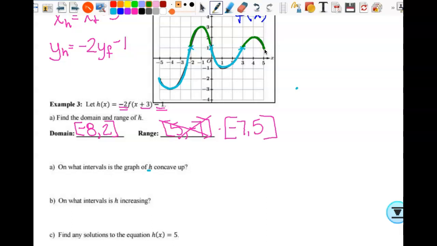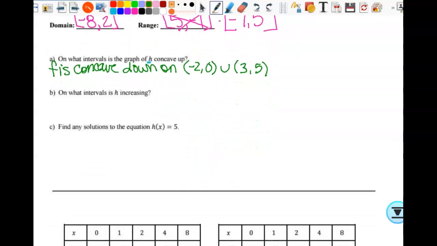So we are going to write that F, I know it's asking about H, but F is concave down, which is what we're looking for, on the intervals from -2 to 0 and 3 to 5? Okay. You agree with that?